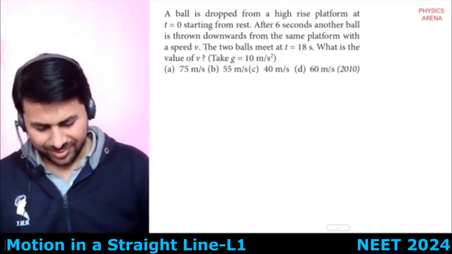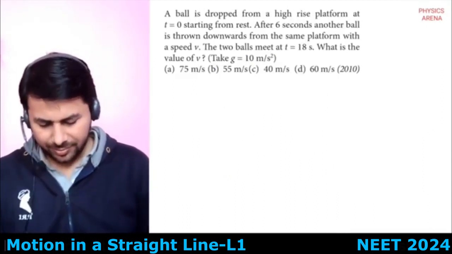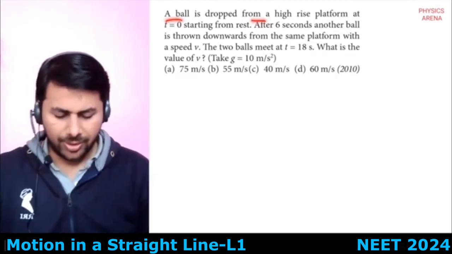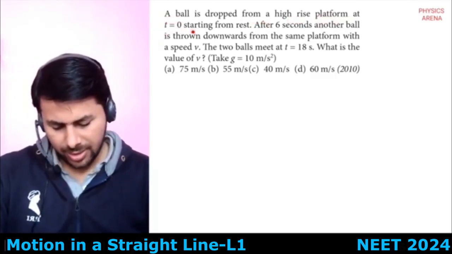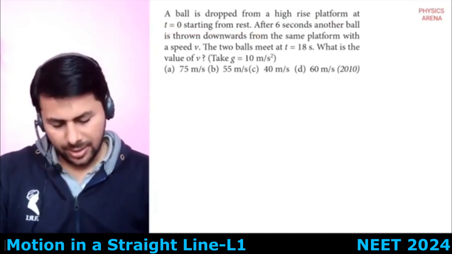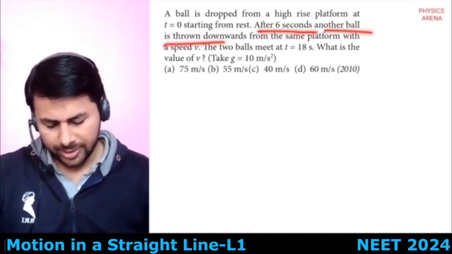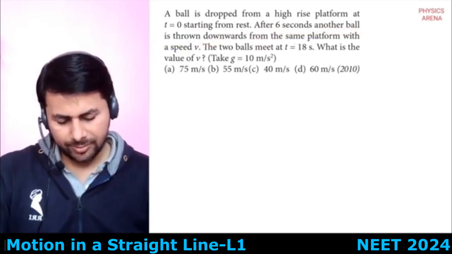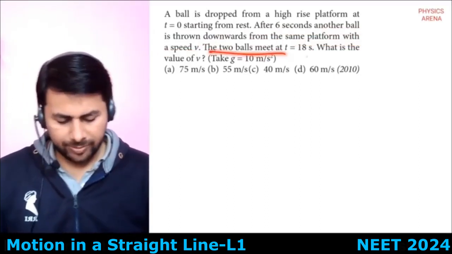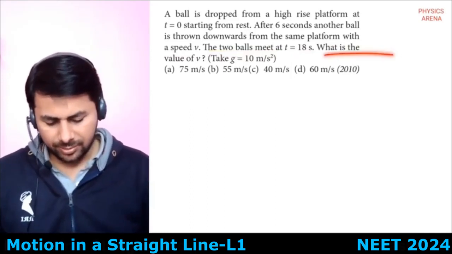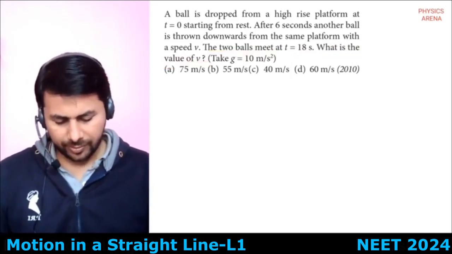Okay, next question. A ball is dropped from a high-rise platform at t equals 0 starting from rest. After 6 seconds, another ball is thrown downwards from the same platform with a speed v. Two balls meet at t equals 18 seconds. What is the value of v?